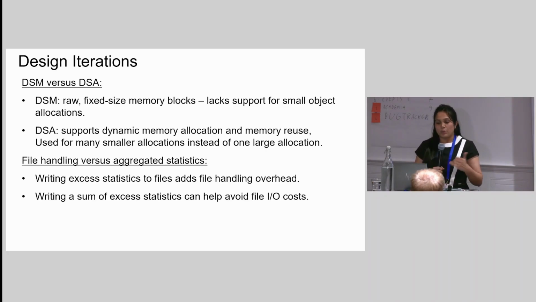So the way it was done in the function was to summarize all these excess statistics and copy them as a single record in the shared memory. All the rest of the statistics are provided as a cumulative total rather than having statistics for each individual memory context.